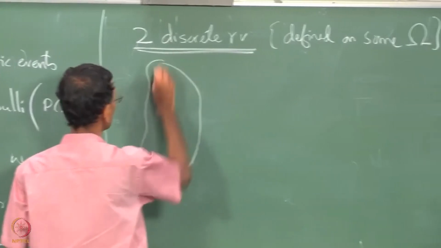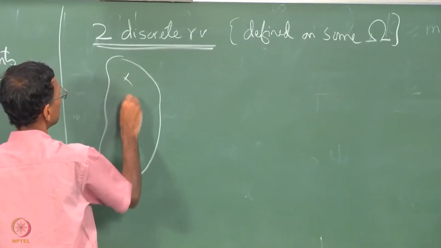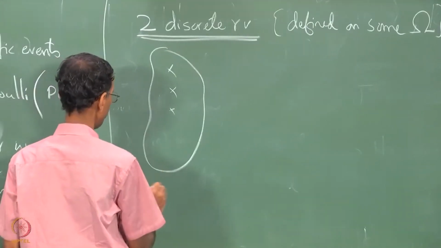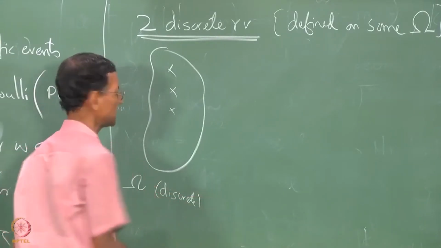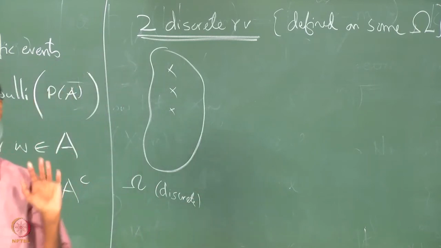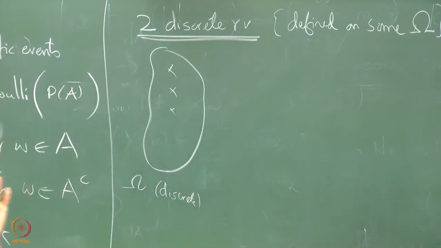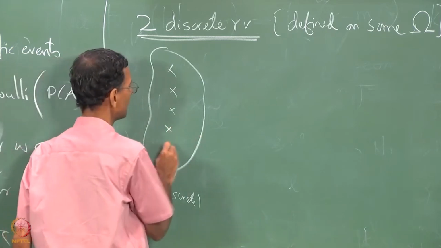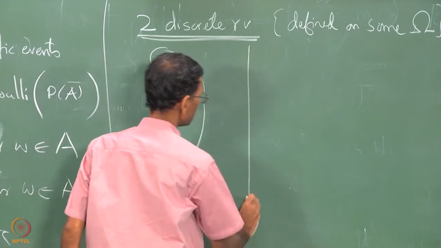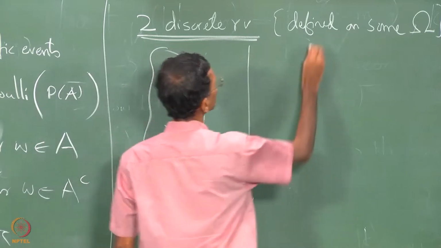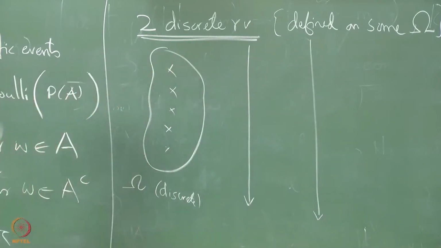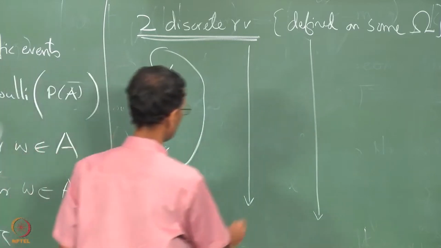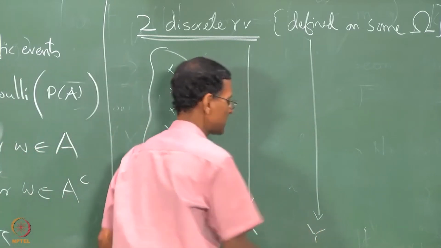Supposing I have some omega here, let us say it is a discrete omega, just for simplicity. The same idea will apply even when omega is continuous. So, I have 2 axes here that define x and y. These are the names of my random variables x and y.